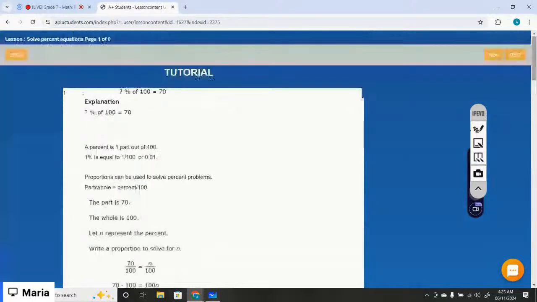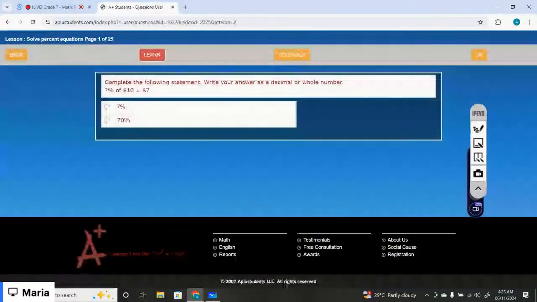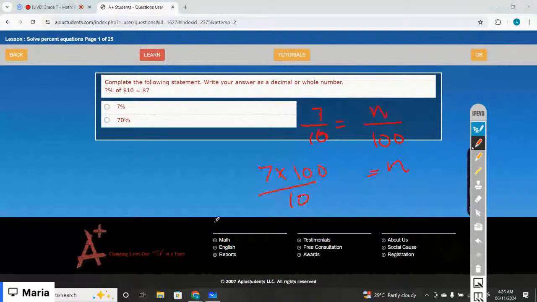Let's just start with the test questions. Complete the following statement. What percent of 10 is 7? 7 is the part of 10, so that would be 7 over 10. How much percent you have to evaluate, right? n over 100. So that would be n equals 7 times 100 over 10.